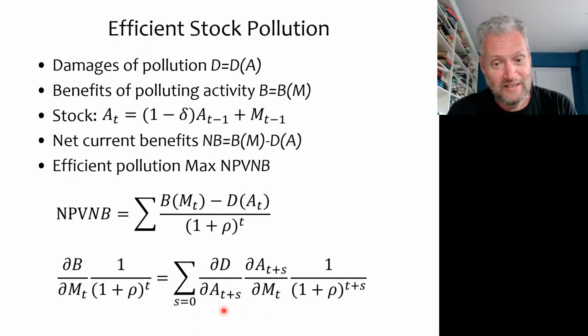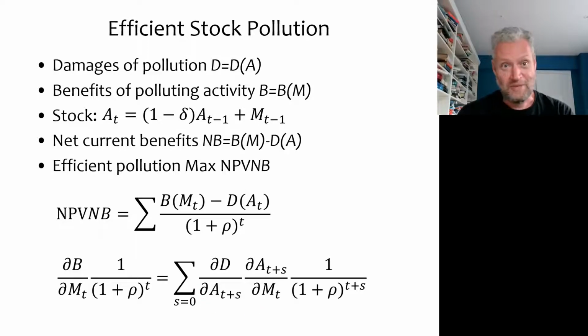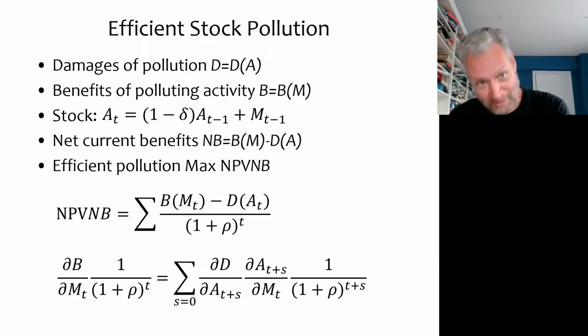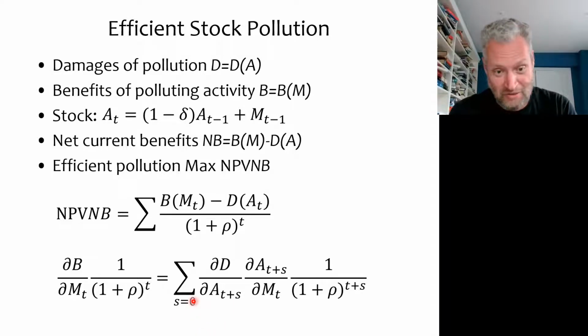The key thing here is that this doesn't just happen at time t, but if we have emitted stuff at time t, then there's also still more pollution at time t plus 1 and at time t plus 2 and so on and so forth. So if we set s as 0, then we have the d, the a t, the a t, the m t, with a discount factor 1 over 1 plus rho to the power t, same as here.